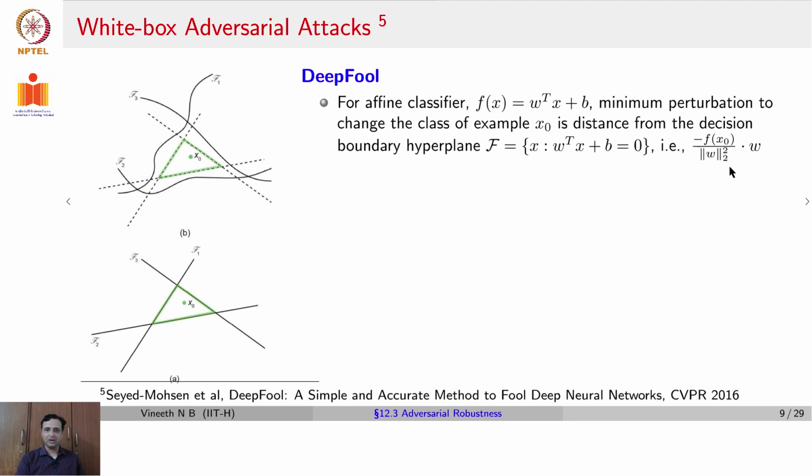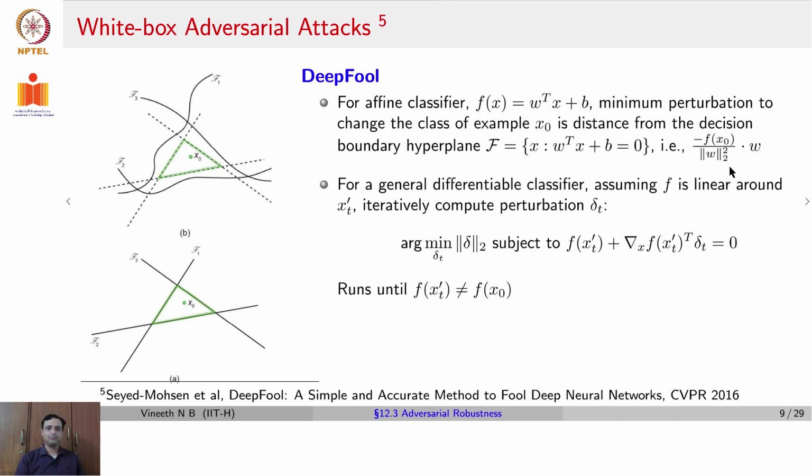This is a known quantity, and it takes us from any point to the decision boundary, where the class label changes when that point goes beyond the decision boundary.